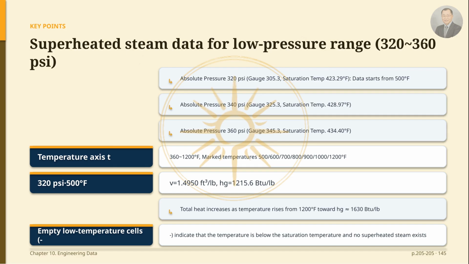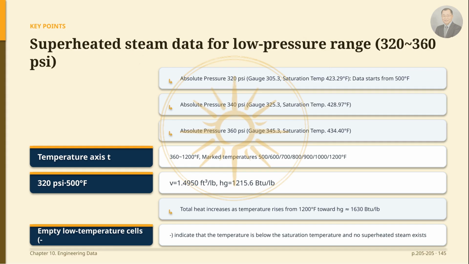The saturation temperatures for 340 and 360 psi absolute are 428.97 and 434.40 degrees Fahrenheit, respectively. The temperature axis, T, represents the total temperature, and values are provided at points such as 500, 600, 700, 800, 900, 1000, and 1200 degrees Fahrenheit, ranging from 360 degrees Fahrenheit to 1200 degrees Fahrenheit.